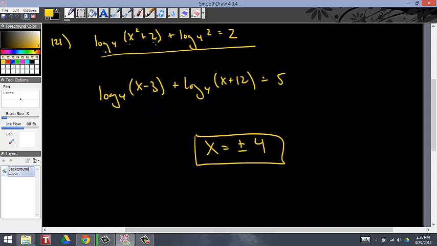So no matter what, this answer component will always be positive. Unlike the bottom one, if I plug negative 4 into here, what do I get? Negative, right? I get a negative number, and you can't have a negative number in the answer component of a logarithm. That's why the negative wouldn't work in the bottom, but a negative would actually work up in the top, because you're going to square it anyways.